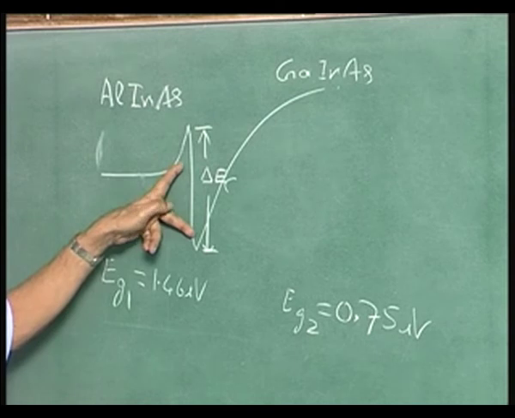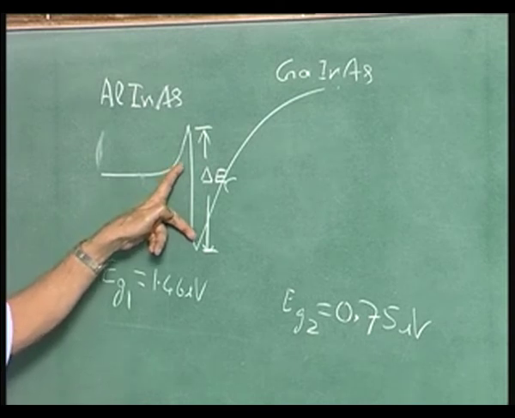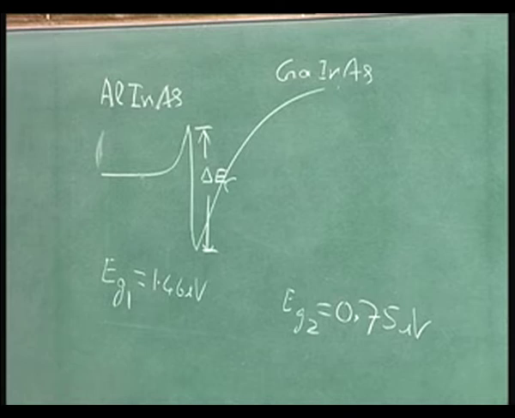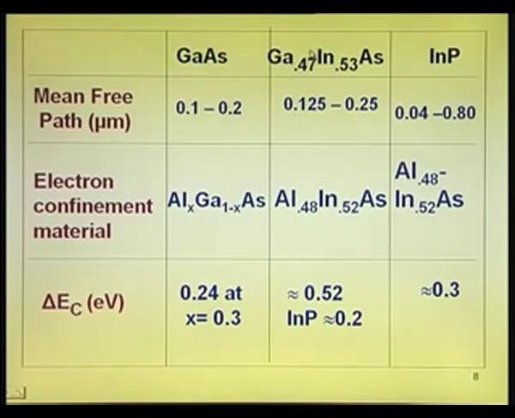So, here this is 0.3 for the AlGaAs gallium arsenide system, whereas if you take this particular system gallium indium arsenide and the top layer is aluminum indium arsenide, you get that delta EC is about 0.52. With indium phosphide this layer gives 0.2.